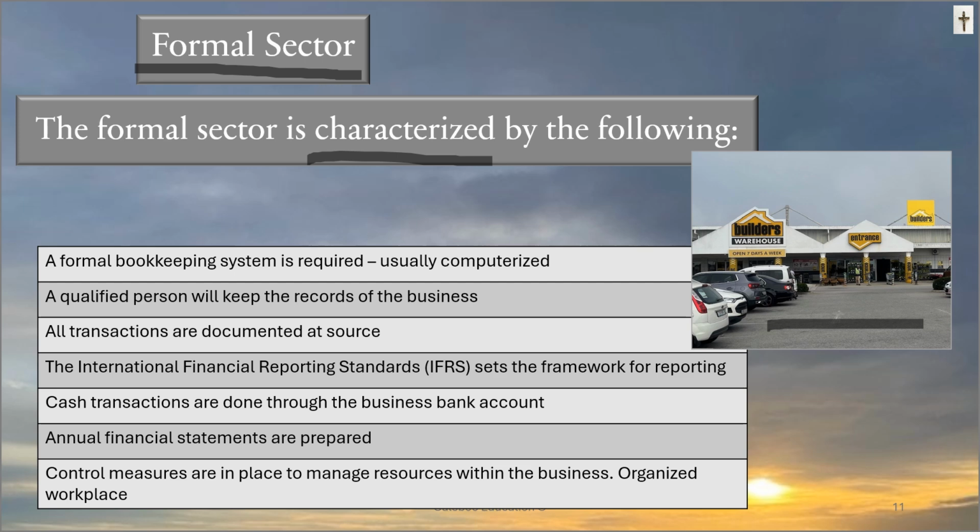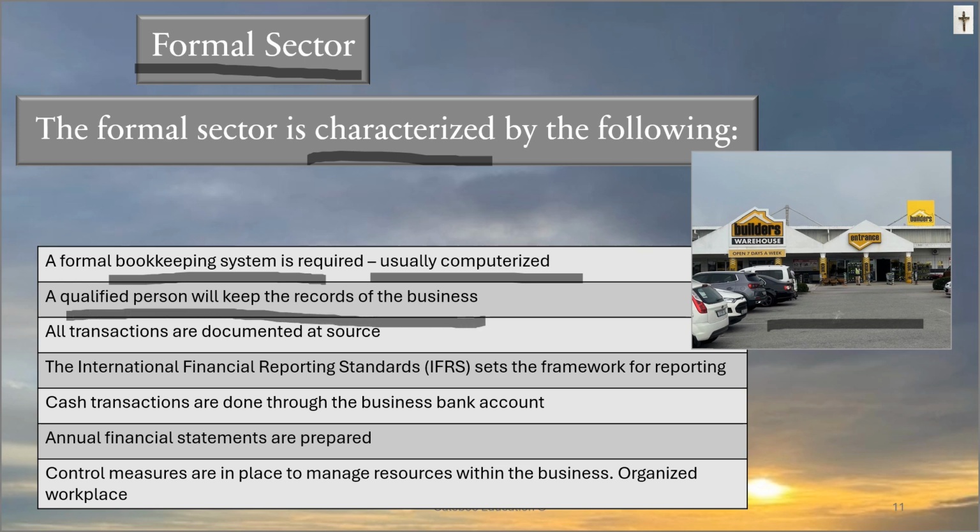Now, what would characterize how Builder's Warehouse needs to go about their business? There will need to be a formal bookkeeping system, usually computerized, so there will be accounting software in order to record all the transactions of a business in the formal sector.